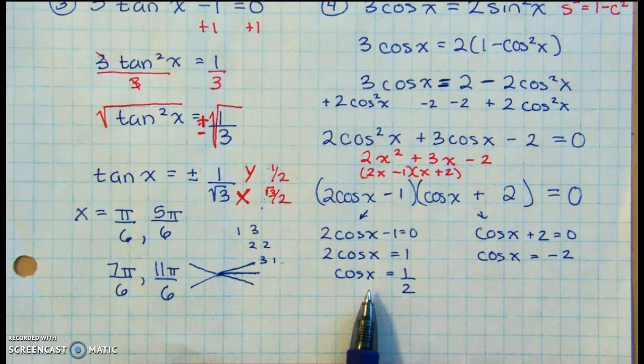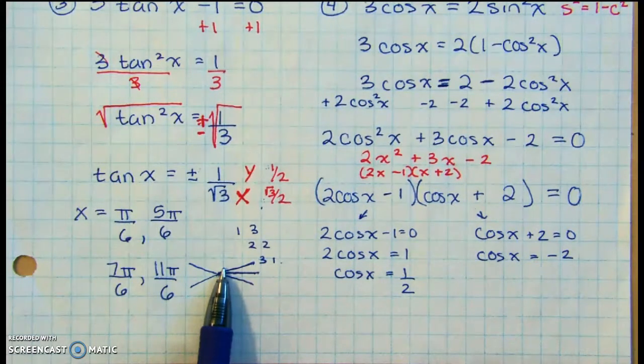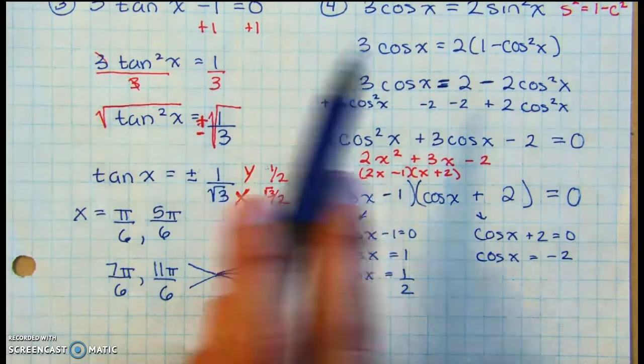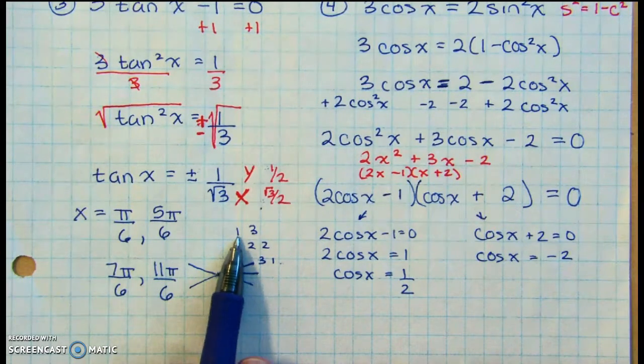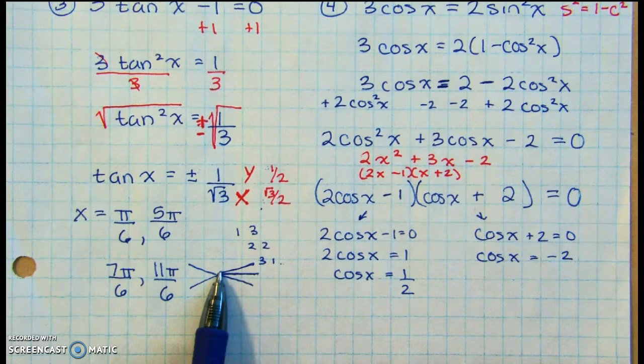So here we're answering, where is the cosine equal to 1/2? And I still have my little chart over here. I'm getting a little tired, so it's not really in my head like it was before. I have an x value of 1/2 up here, so that's pi over 3.